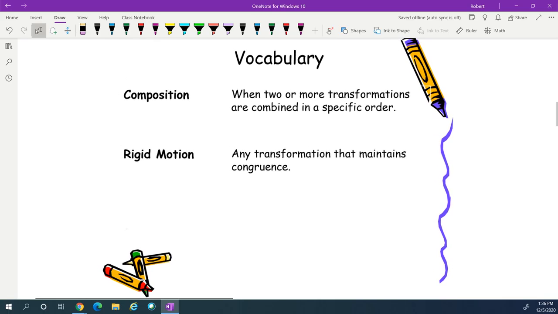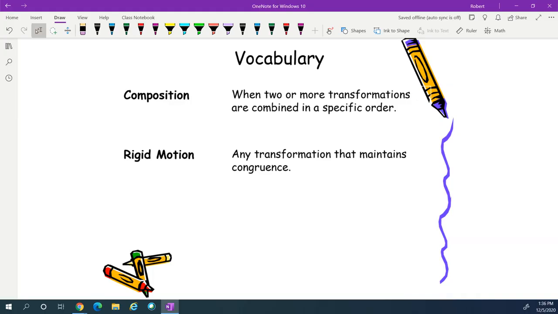So we have this other vocabulary. A composition is two or more transformations that are combined or done in a very specific order. So maybe we take our image, slide it over, and then spin it around. Or maybe we flip it over and then slide it somewhere. So two or more things in an order.